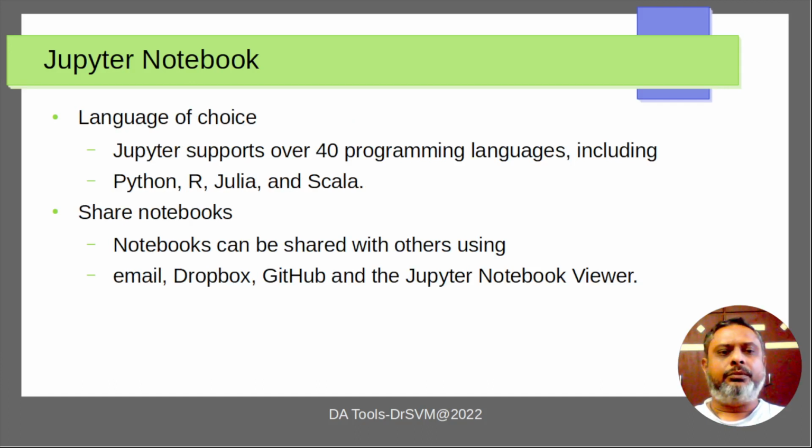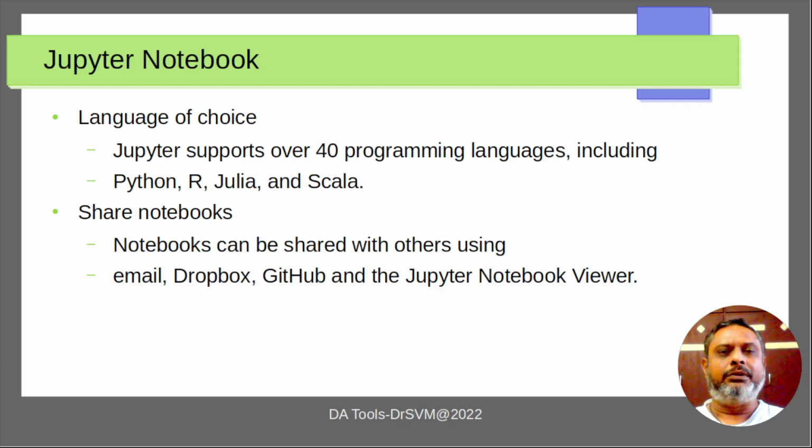The Jupyter Notebook has many languages of choice, so we can use more than 40 programming languages with the Jupyter Notebook, including Python, R, Julia, Scala, and many more. So over 40 programming languages are supported by Jupyter Notebook.